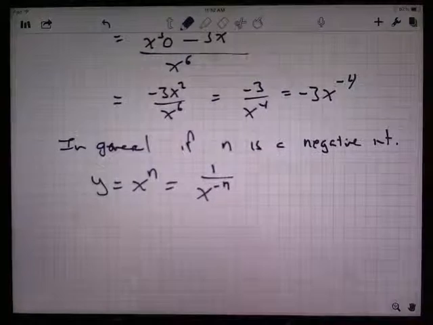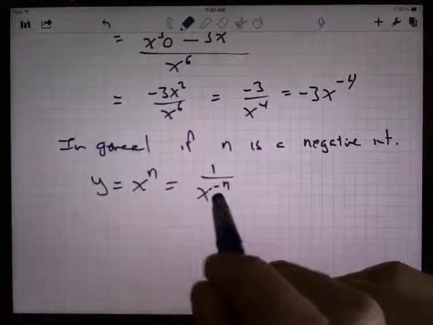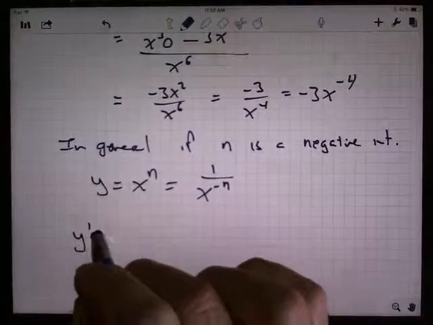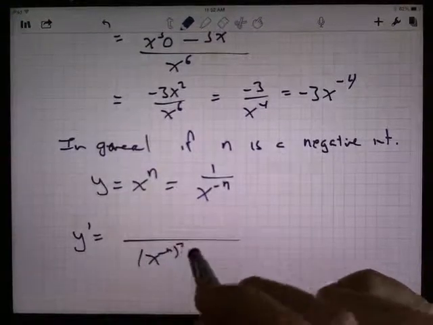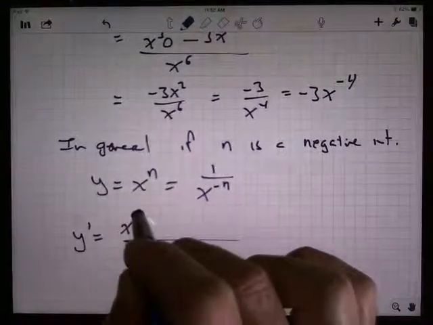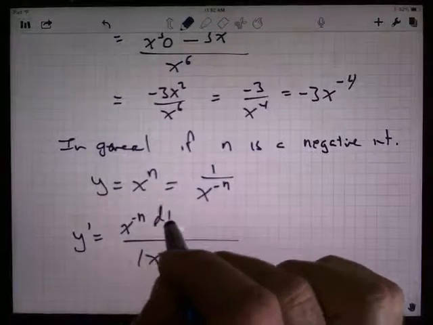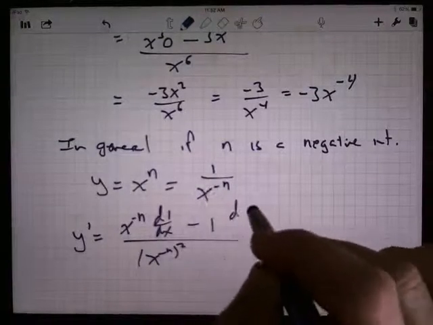Now remember, if n is negative, then negative n is actually positive. So using the quotient rule to get y prime, I have x to the negative n squared on the bottom. I have x to the negative n times the derivative of the top, that's going to be 0, minus the top times the derivative of the bottom.